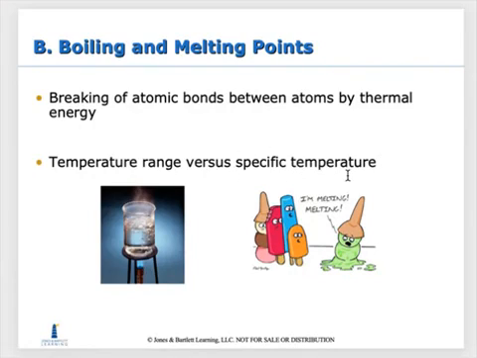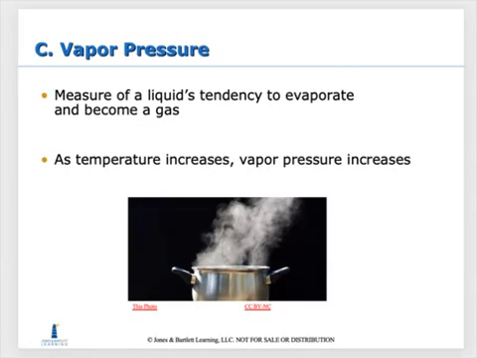For instance, specific temperature: water boils at 100 degrees Celsius, right? Whereas something like dental waxes, those have a temperature range. It's not a specific number to where they would melt. So hopefully that makes sense of those differences.